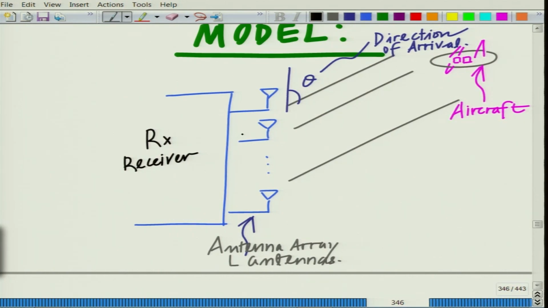An important parameter here is the distance between the antennas.